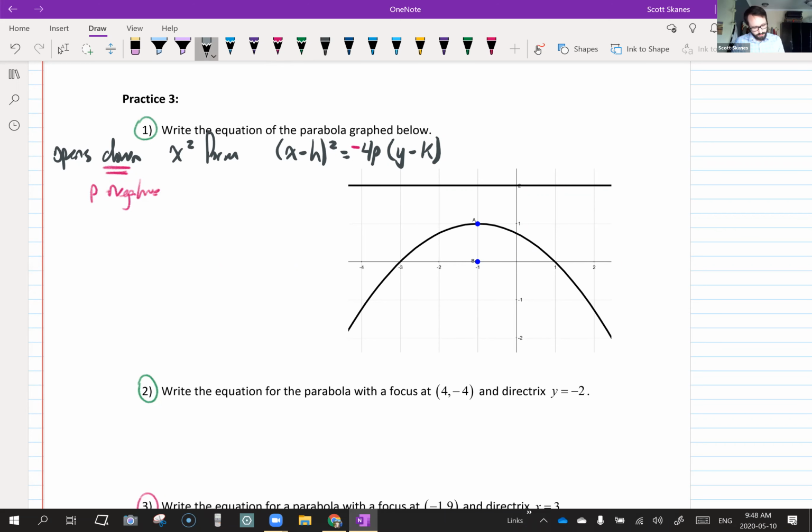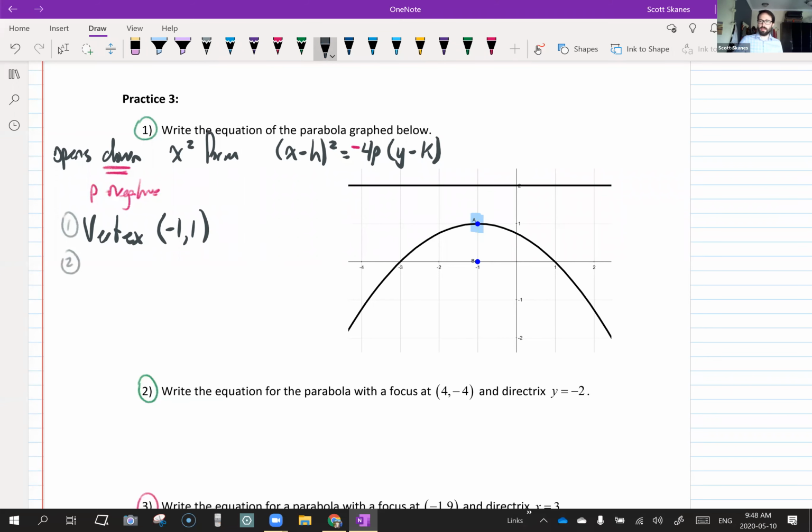So first things first, let's get the vertex. I can read it off the graph. Vertex is right here. It's the tip of the curve. So read the coordinates. I can see here it is -1 and 1. Second step, what do I need to do?